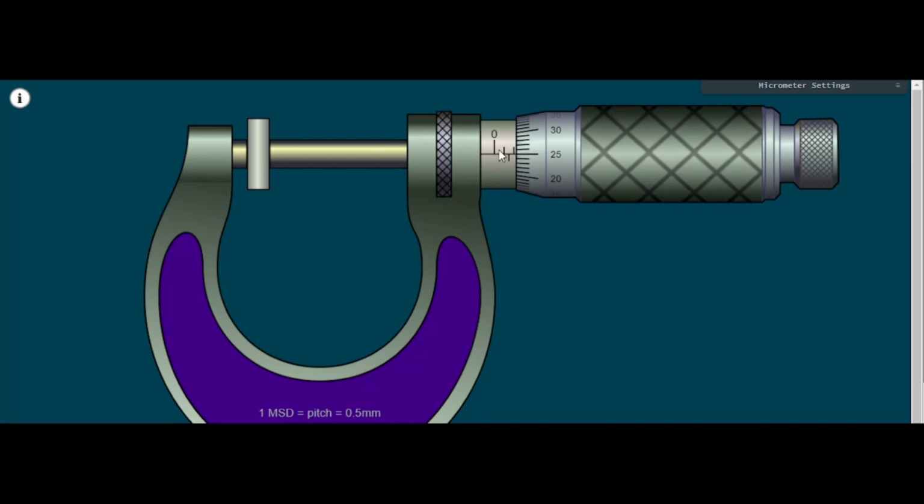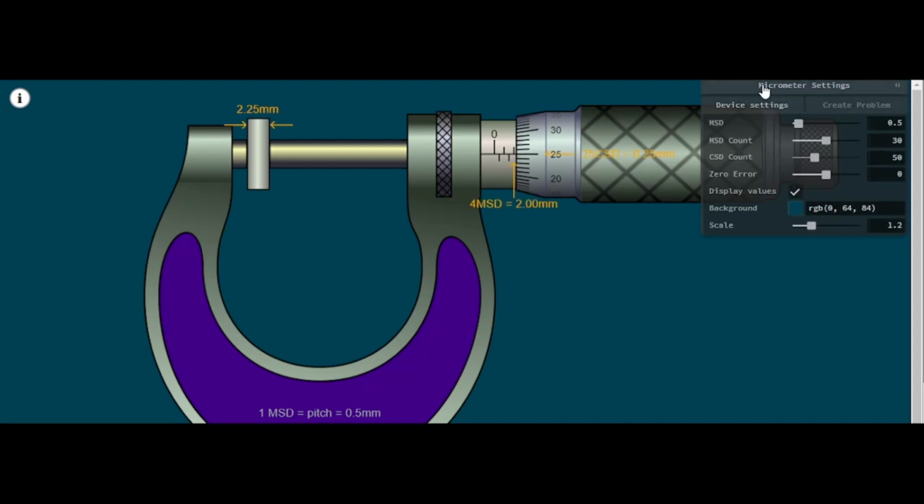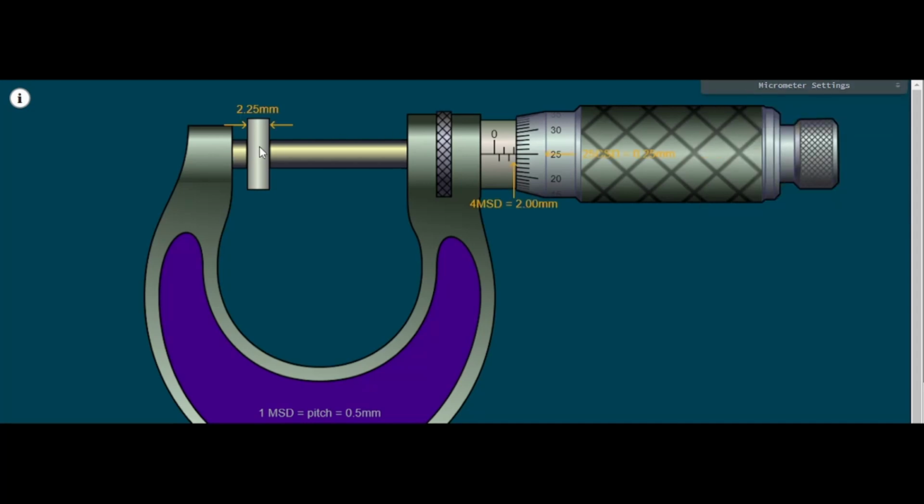So it is 2 millimeter on the main scale. On the circular scale, we are reading 25, which means this is 0.25 millimeter. Once we add both of them up, 2.00 plus 0.25 millimeter gives us 2.25 millimeter, which is the actual thickness of this piece of metal.